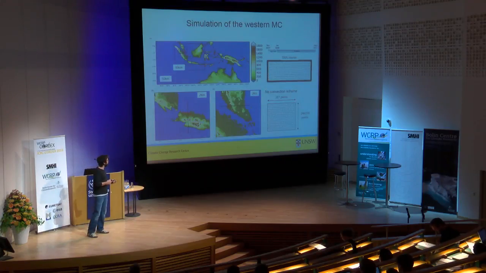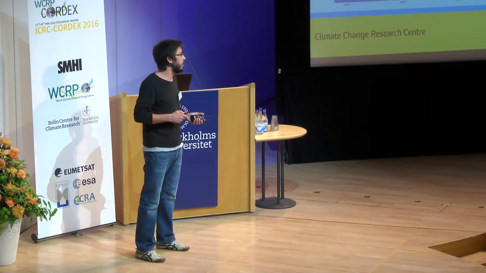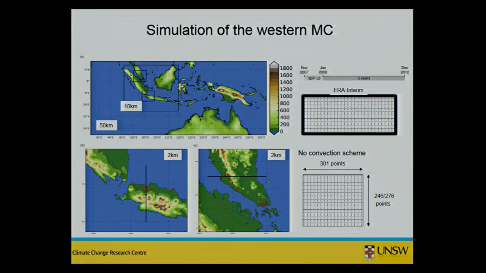As part of a project to understand the implications of urban areas on local precipitation, we ran these convection-permitting simulations over Jakarta and over Kuala Lumpur at 2 kilometers. It's roughly 300 by 250 points located in this area here, and they're embedded in a 10-kilometer and then in a 50-kilometer domain that encompasses the whole Maritime Continent.